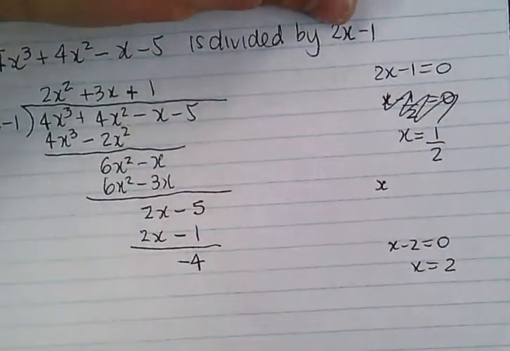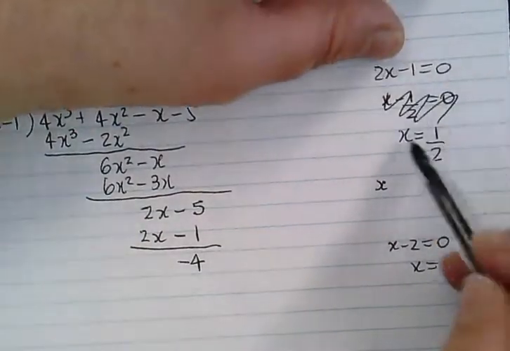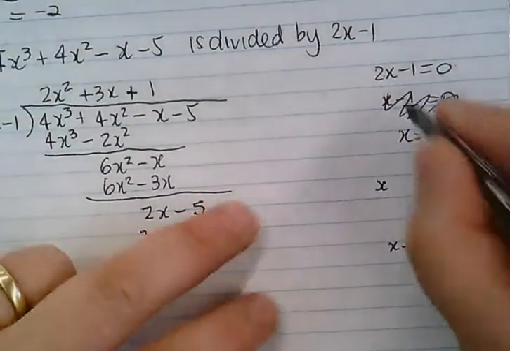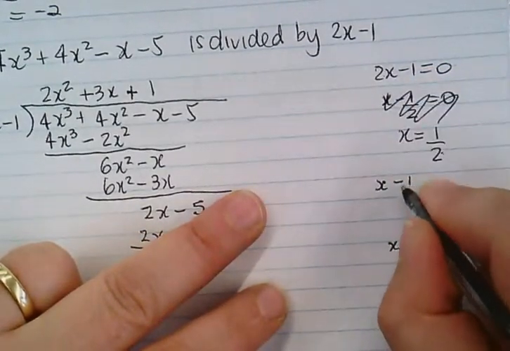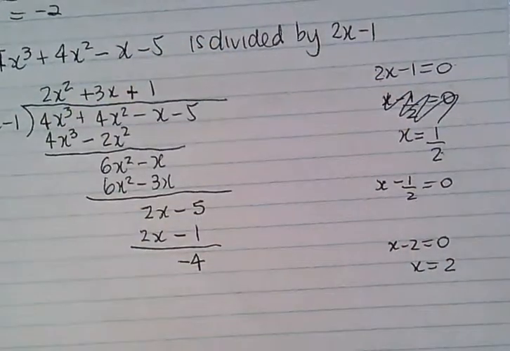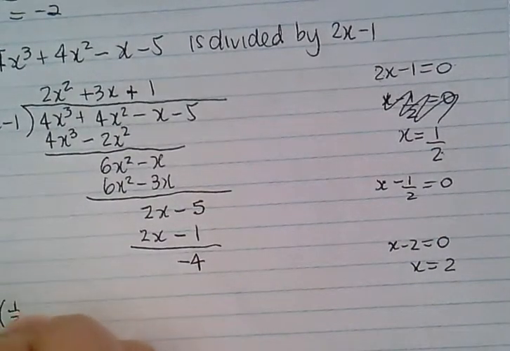Isn't that your root? So when I solve this, I get x is a half, so I substitute a half in. Or I can look at that and say that's really x minus a half is 0 by dividing by 2. All right? So we're going to substitute p of a half into the polynomial.